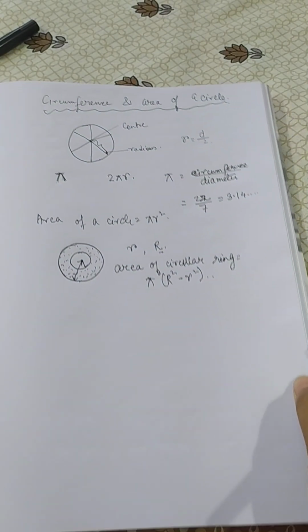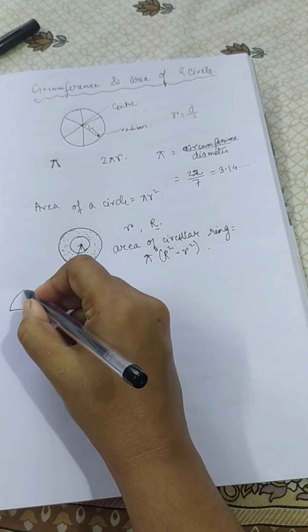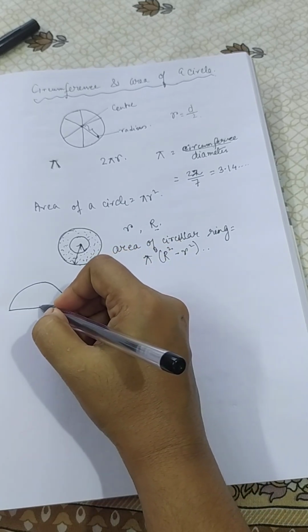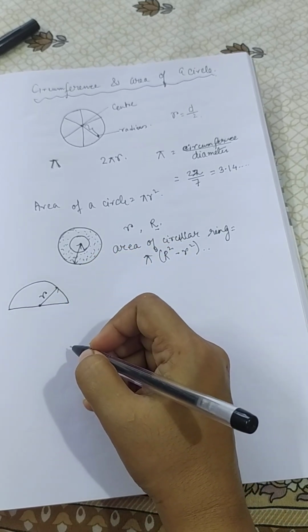Now perimeter and area of a semicircle. What is a semicircle? If we cut half of the whole circle, it is a semicircle.